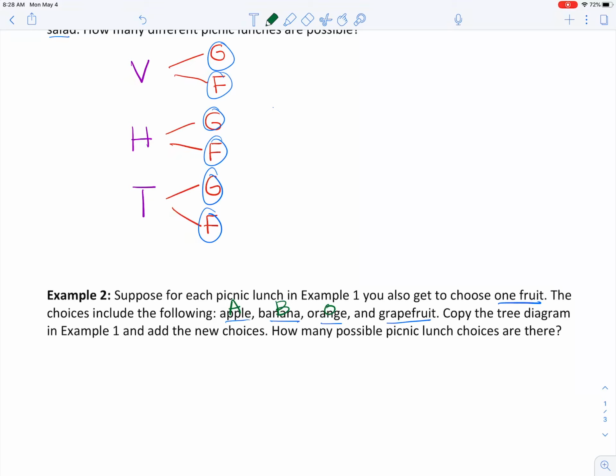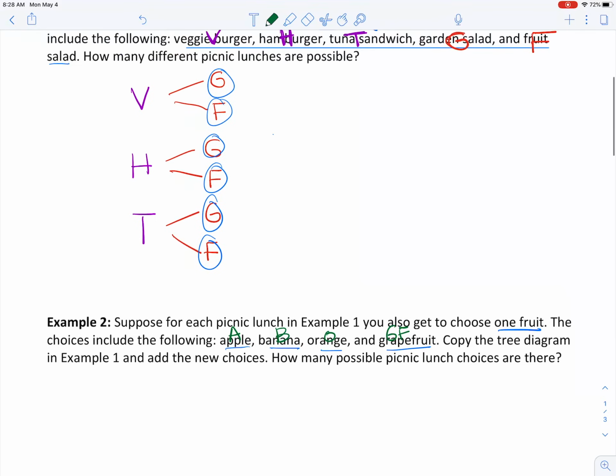Okay, so our choices, we've got an apple, a banana, an orange, and a grapefruit. I'll do GF here for grapefruit. So you're going to tack these onto each already existing possibility. So you could have a veggie burger with a garden salad and an apple, a veggie burger with a garden salad and a banana, veggie burger, garden salad, and orange, or veggie burger, garden salad, and grapefruit.